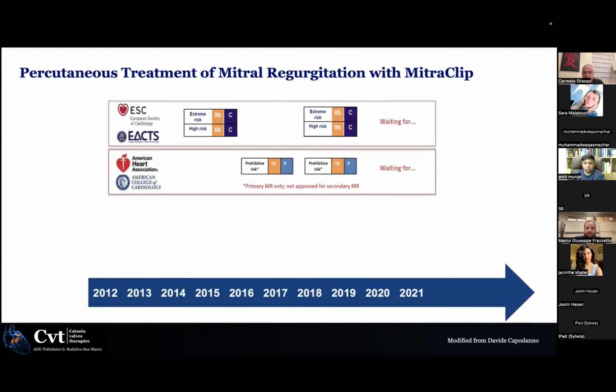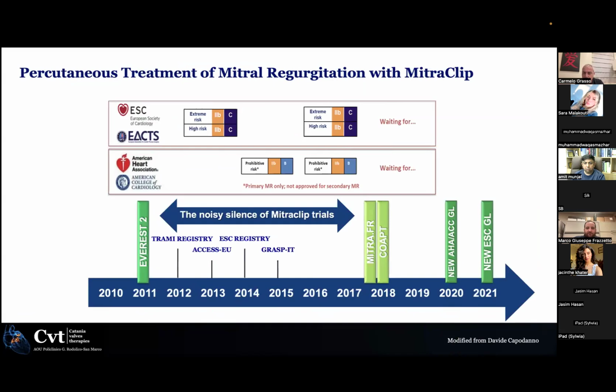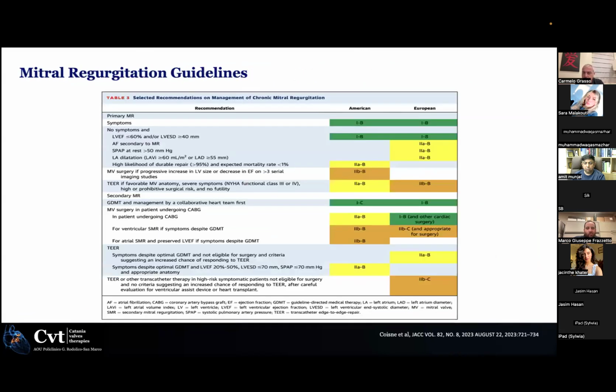These two trials led to a change in the guidelines, both American and European. I will show you a comparison between the two guidelines. There are some slight differences, but all the guidelines are concordant in terms of recommendation and indication.